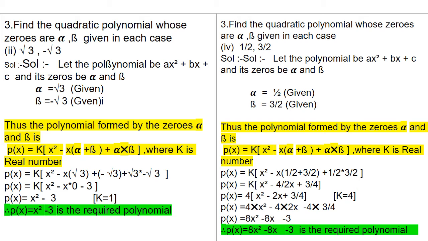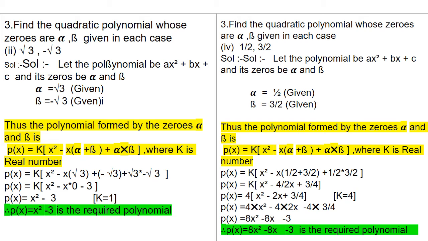Now the polynomial formed by the zeros alpha and beta is p of x is equal to k into x square minus x into alpha plus beta plus alpha into beta, where k is a real number. We are substituting alpha is equal to root 3 and beta is equal to minus root 3 in p of x. So p of x is equal to k into x square minus x into alpha plus beta, root 3 plus minus root 3, plus alpha into beta, root 3 into minus root 3.